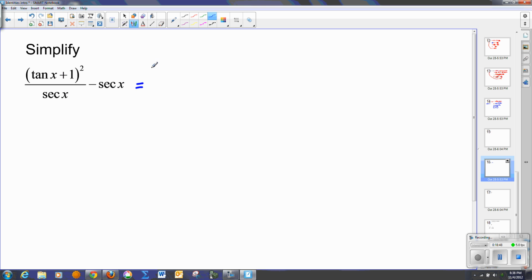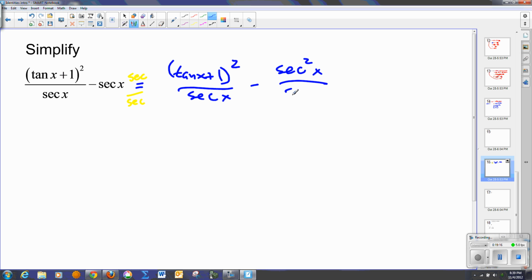So I'm going to get a common denominator, multiply by secant over secant. Thus I'll have tan x plus 1 quantity squared over secant minus secant squared of x over secant.